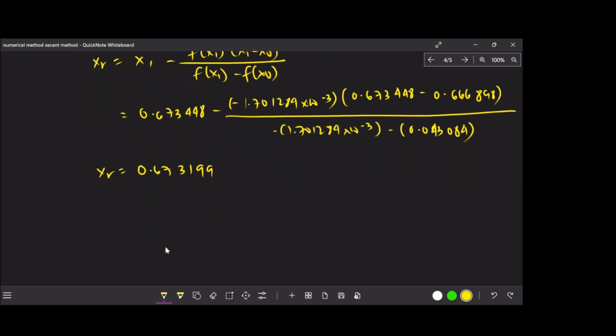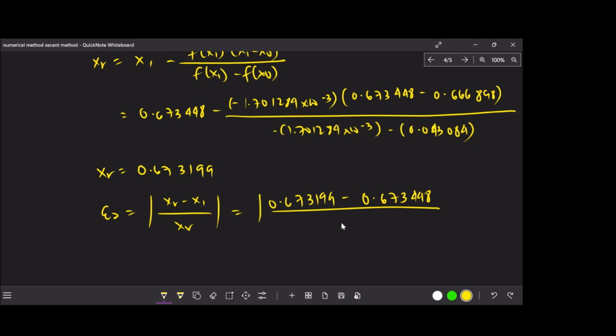Okay, so before we go to the f of xr, let's first have the absolute value. So we have (xr minus x1) over xr, which is equivalent to (0.673199 minus 0.673448) all over 0.673199, times 100.